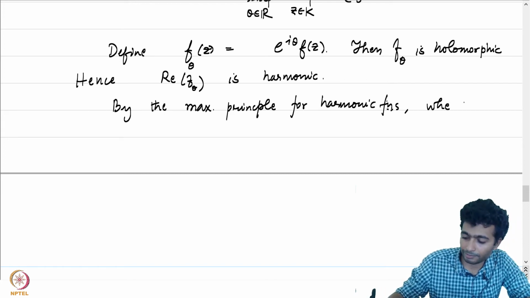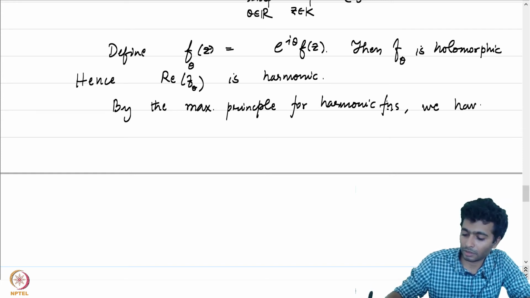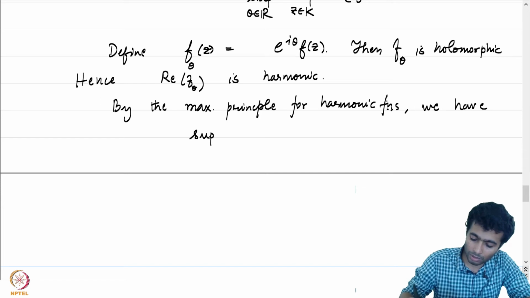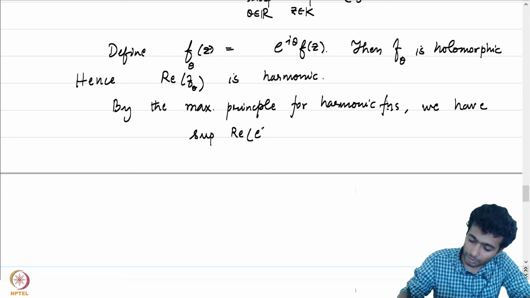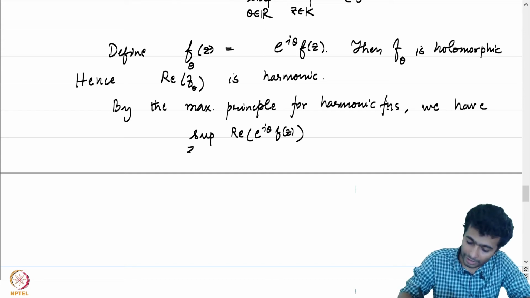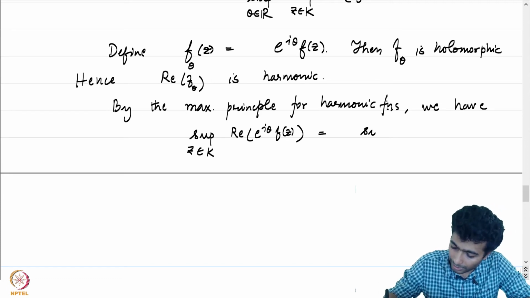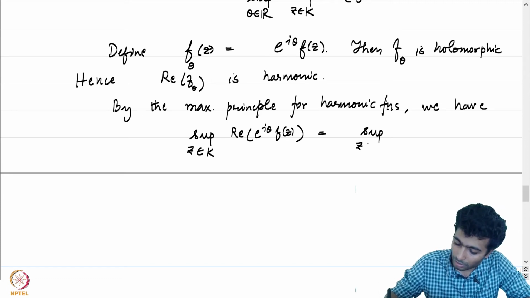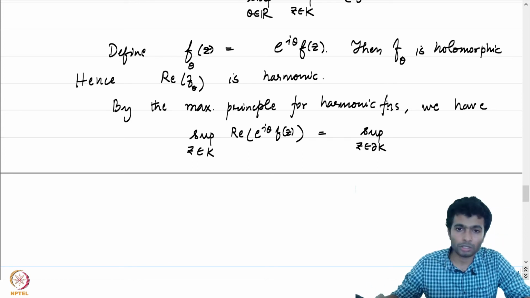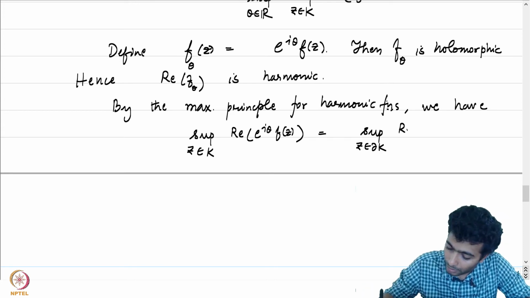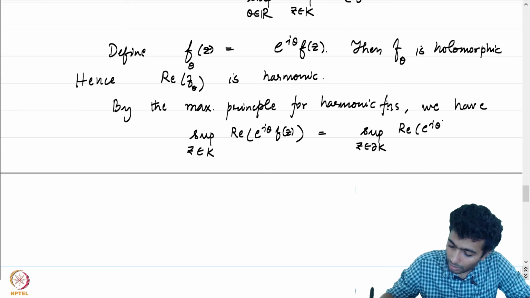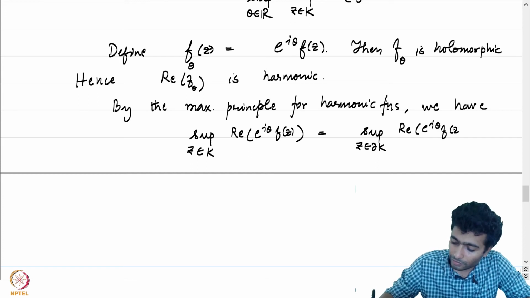By the maximum principle for harmonic functions, we have that the supremum of the real part of e to the power i theta f of z, where z belongs to K, is the same as the supremum over all the points on the boundary rather now of the real part of e to the power i theta times f of z.